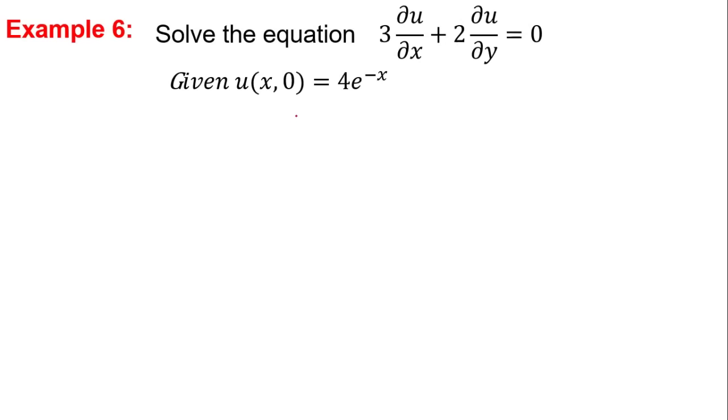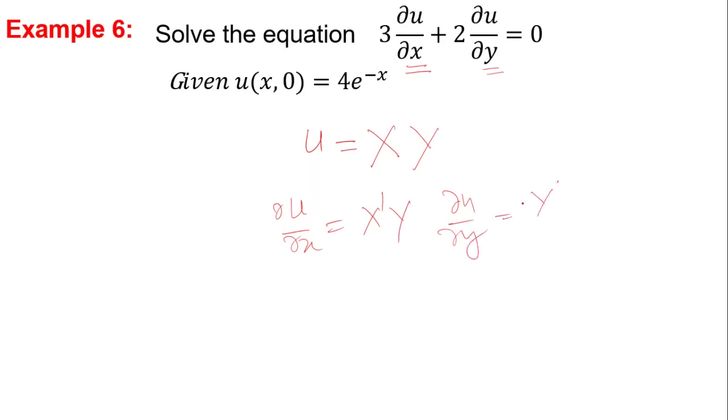So in this example, what you will do? u is a function of x, so capital X. u is also a function of y, so into capital Y. Okay, तो del u by del x हो जाएगा X dash Y और del u by del y हो जाएगा X into Y dash.